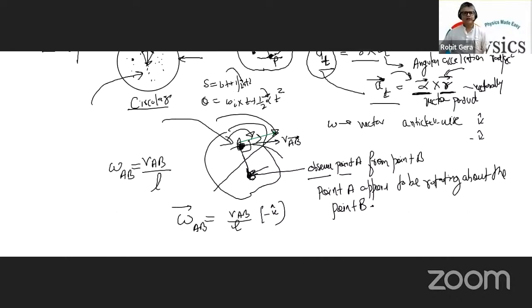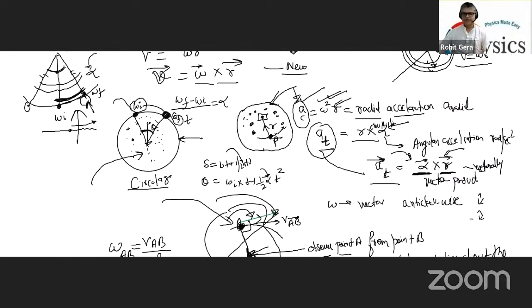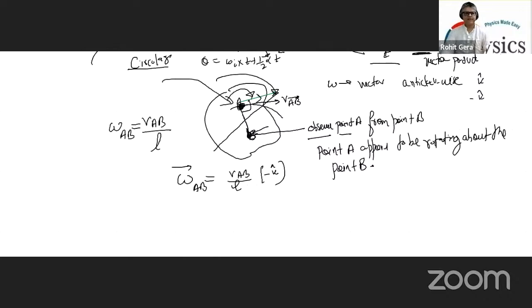Inside the rigid body, I can do the same derivation here: I become an observer at point A and notice B. When I notice B, the velocity of B with respect to A, again the same thing will come. Omega BA is equal to V BA upon L. And I'm going to put K here because now I'm watching B. B is also moving in the same direction, so minus K. So again, identical.